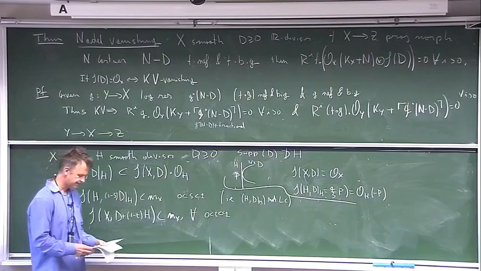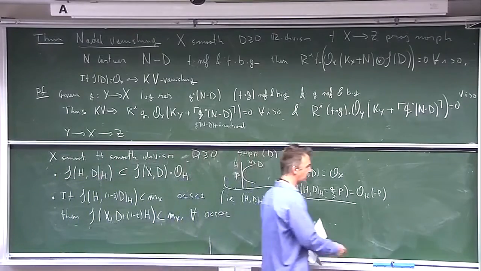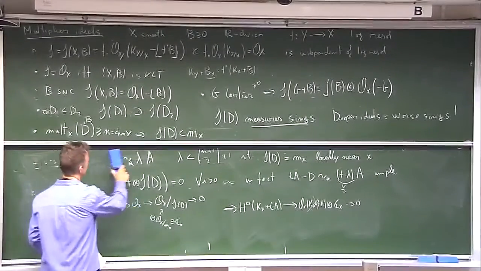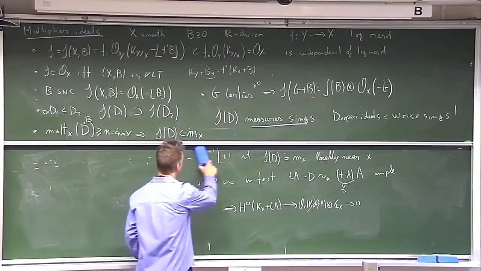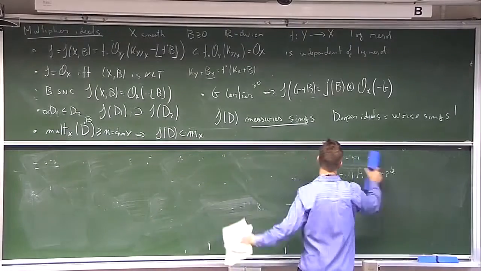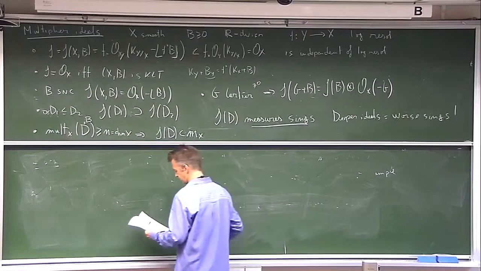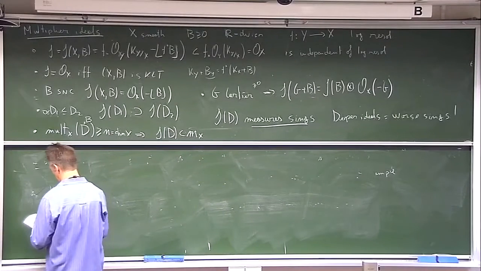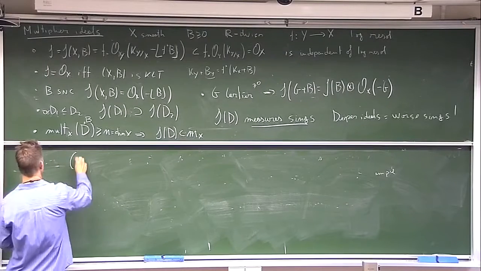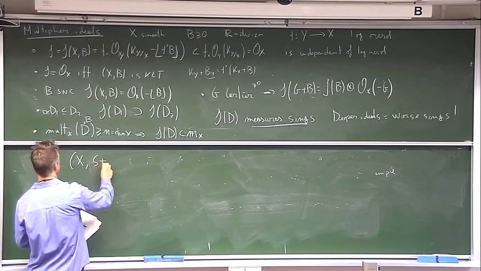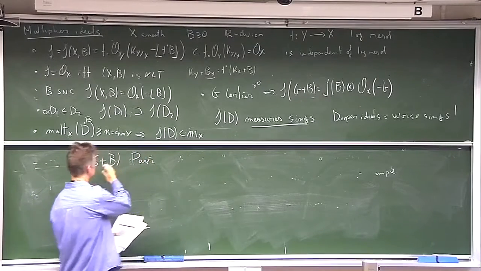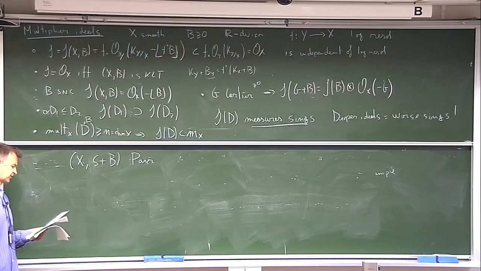So the analog in terms of log pairs, or the similar result for log pairs, is sort of easier to digest. And we've essentially proved that already. So let me state that. But this one is the form in which it's a bit easier to use. So the analog for log pairs is the following. Suppose that you have a pair, and this (X, S plus B), this is just some pair, let's say with non-negative coefficients.